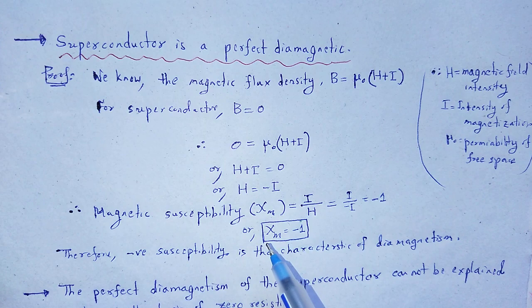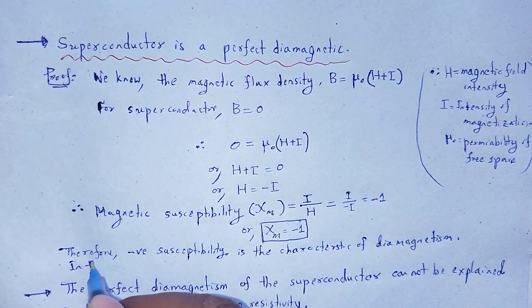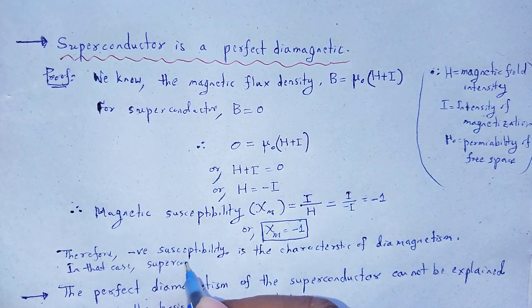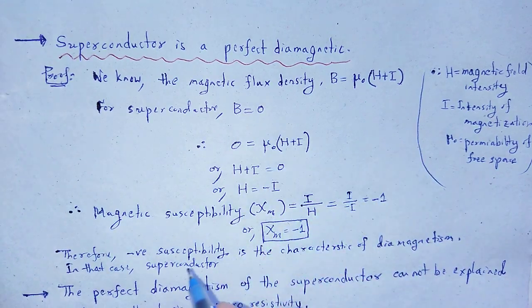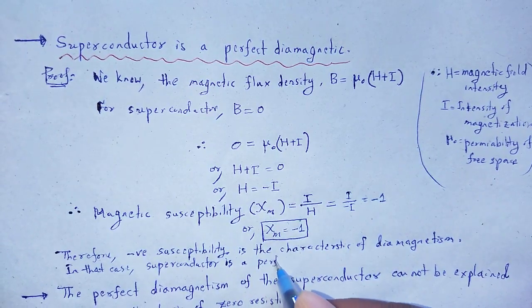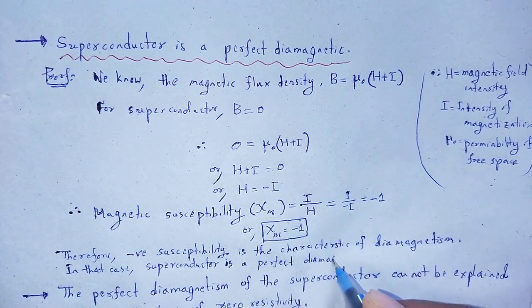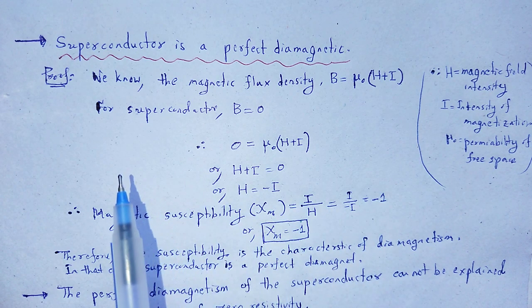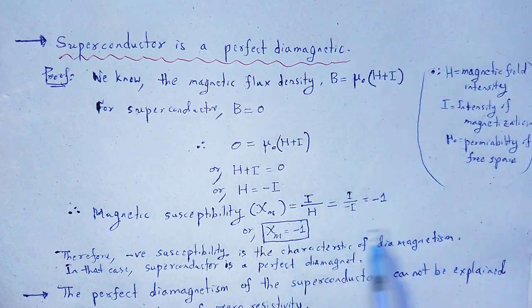In that case, a superconductor is a perfect diamagnet, since here we take the superconductor as B equal to 0. So by taking the Meissner effect, one aspect is proved: a superconductor is a perfect diamagnetic.